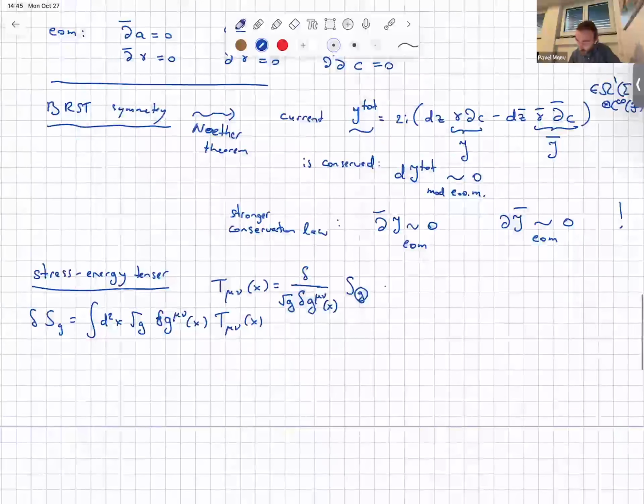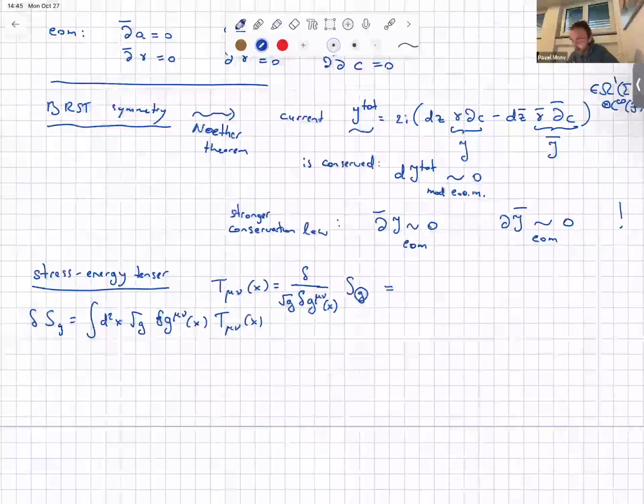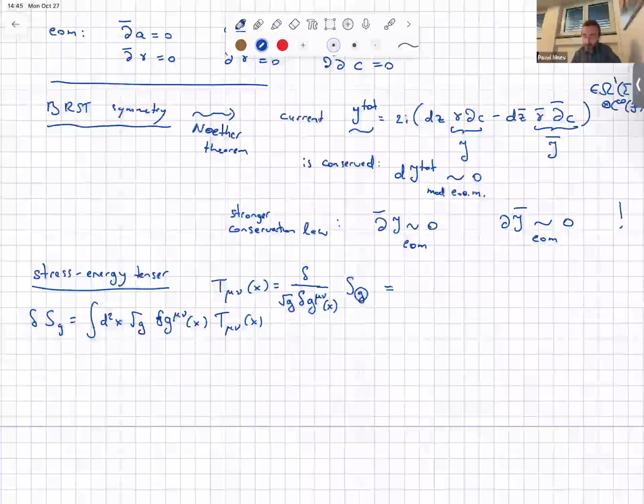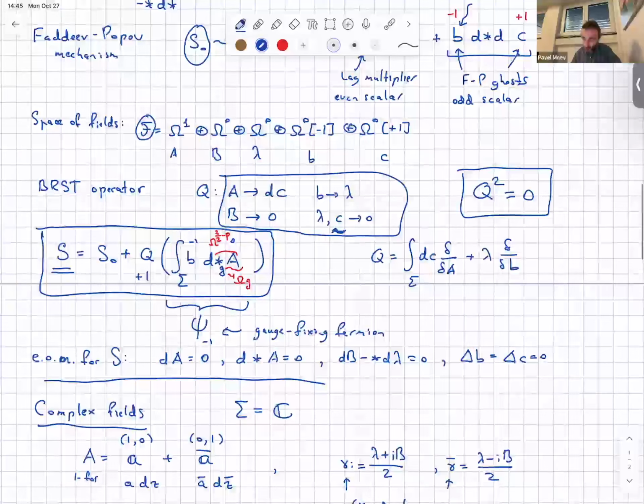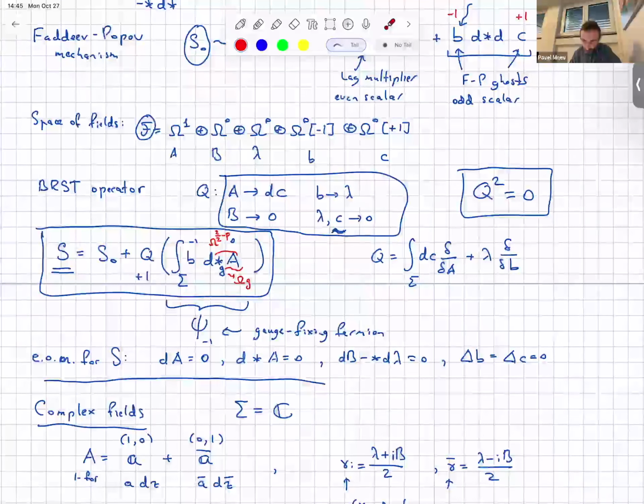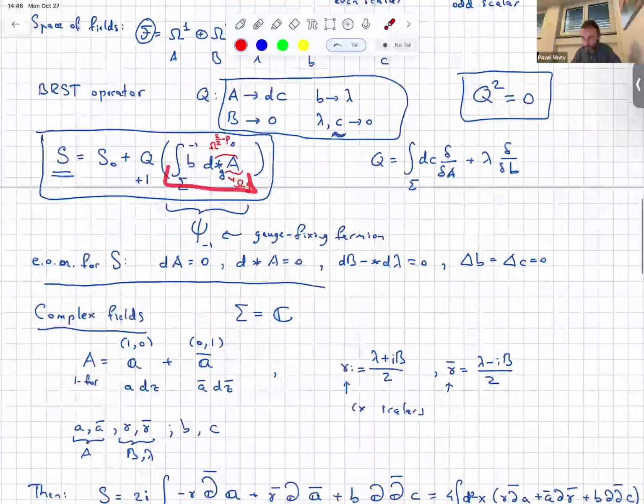Now one can try to calculate what it is in our example. What I told you a few minutes ago is important: S depends on the metric just through the dependence of this star here. Q itself does not depend on the metric, and S0 does not depend on the metric. So if I take a variational derivative with respect to the metric, this will drop out. I will get Q of the variational derivative of this object in the metric.